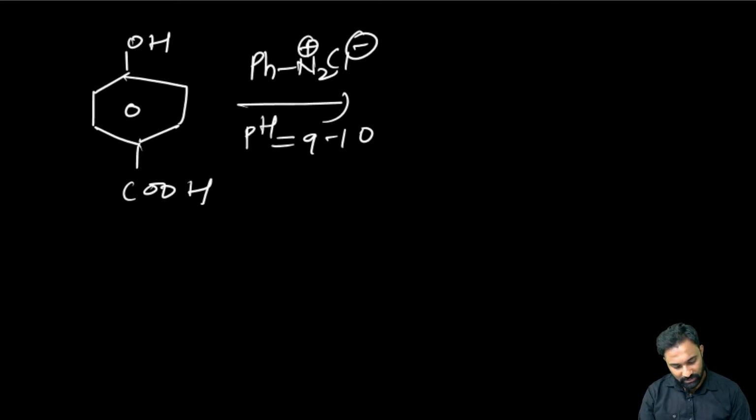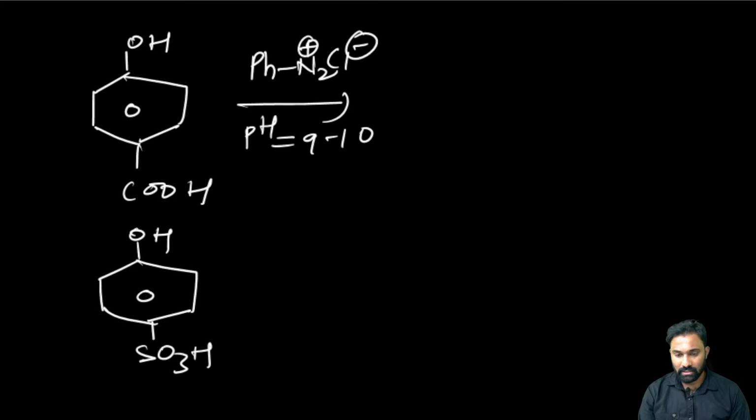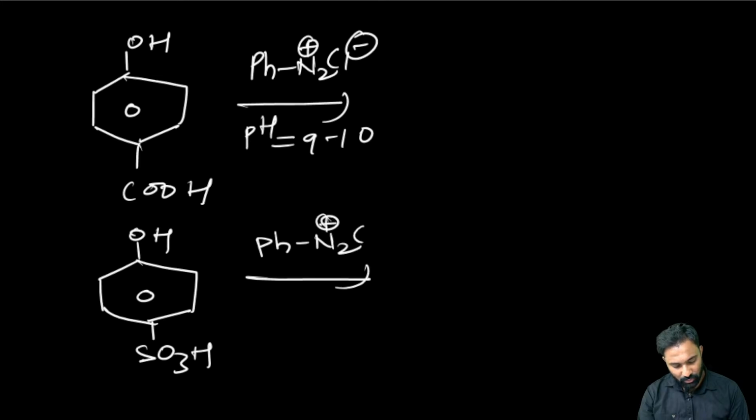Okay. Next, the same: here the OH and the SO3H they have given. Sulfonic acid, the same benzene diazonium chloride in the presence of pH 9 to 10.